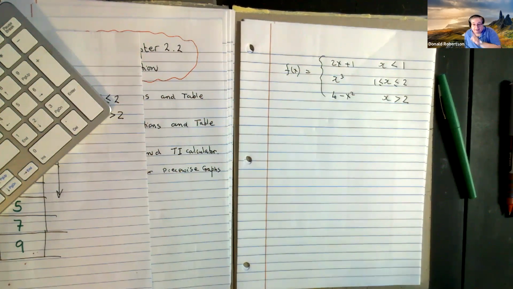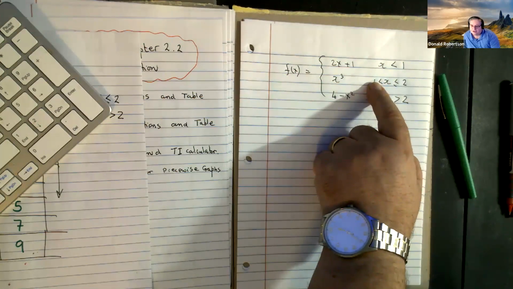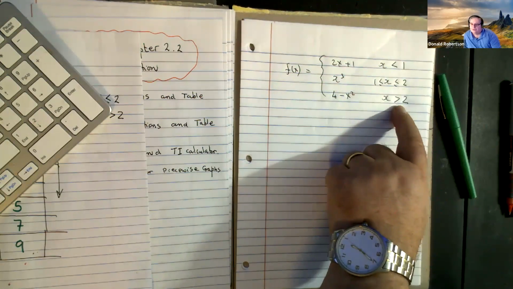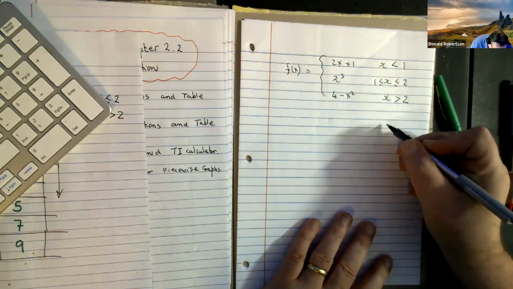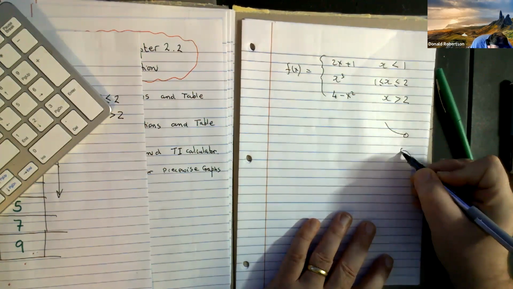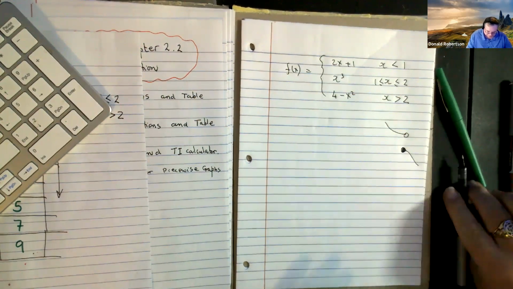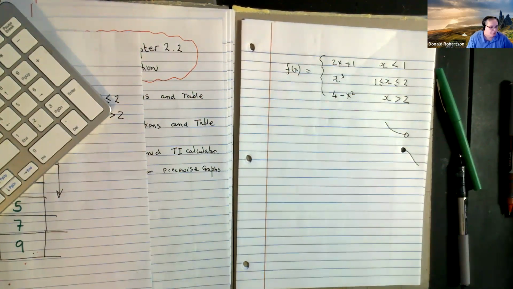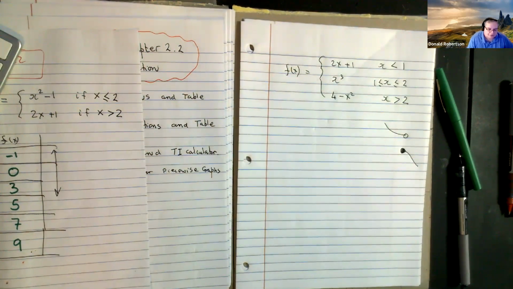So do you see in this case, there are two boundary values. At x equals 1, there's a changeover, and at x equals 2, there's another changeover. That's important because when we're finished doing the piecewise, and we're going to have a guy here and maybe another guy down here, we have to decide which one of them is the solid dot and which one of them is the open dot, because that's part of the graph, right? We need that information. So that's the guy that I'm going to do Desmos with.